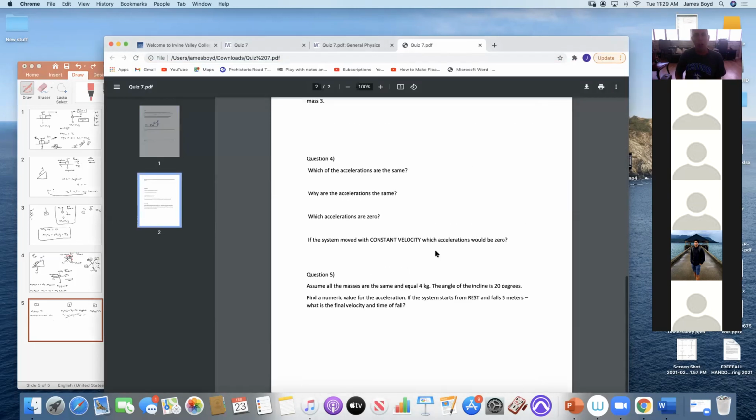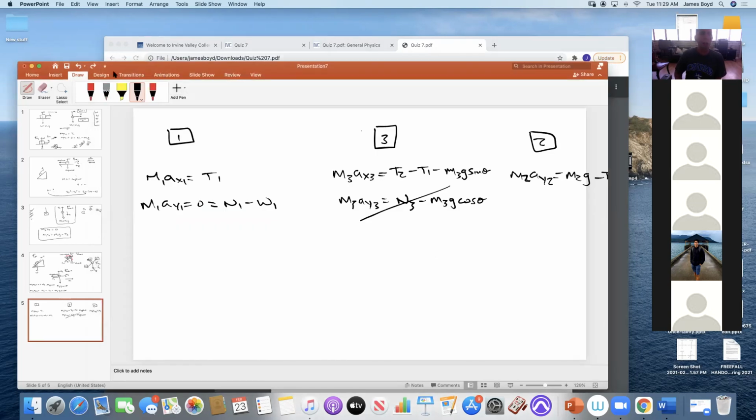So question 4, assuming you were able to do a free body diagram and your equations, which of the accelerations are the same? So let's go back and look at this. We have AY3, AX3, AX1, AY1, AY2. Now we know they can't leave the surface, so these ones I don't care about. But which of the accelerations have to be the same?